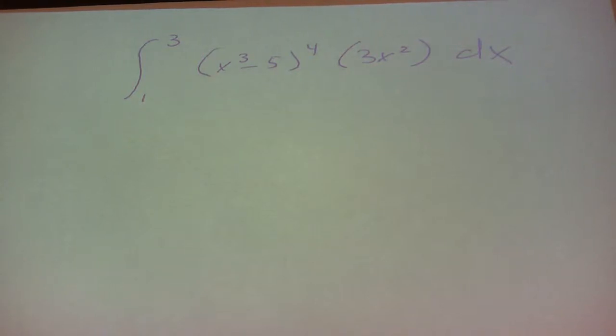And then you can plug in the numbers, then you can check them together. Everything builds. So if you don't know how to do u substitution, that's going to be your problem.